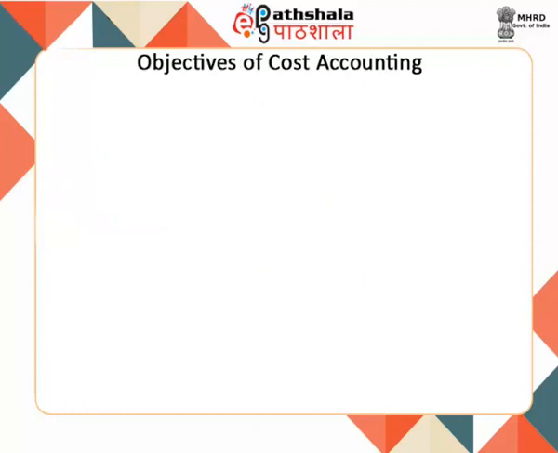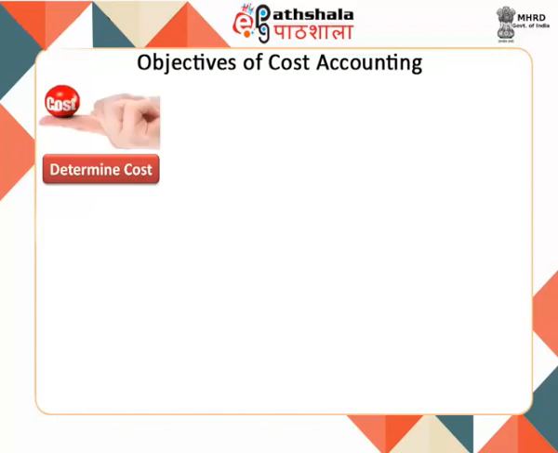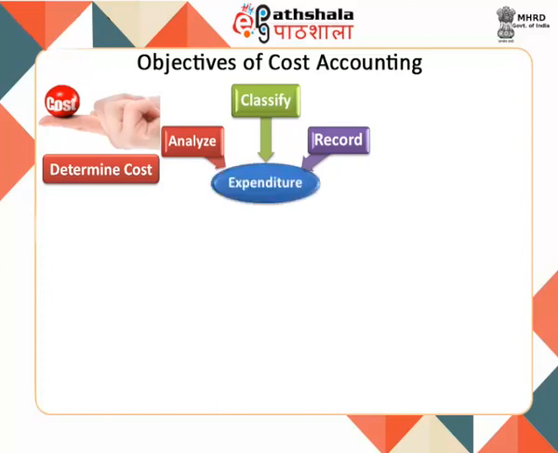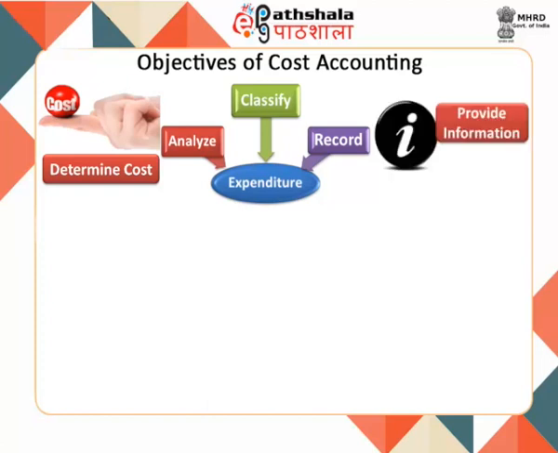The main objectives of cost accounting are: number one, to determine the cost of a product, process, or service. Number two, to analyze, classify, and record all expenditures with respect to the cost of a product, process, or service in order to determine its cost. Number three, to provide necessary information to the management in time.